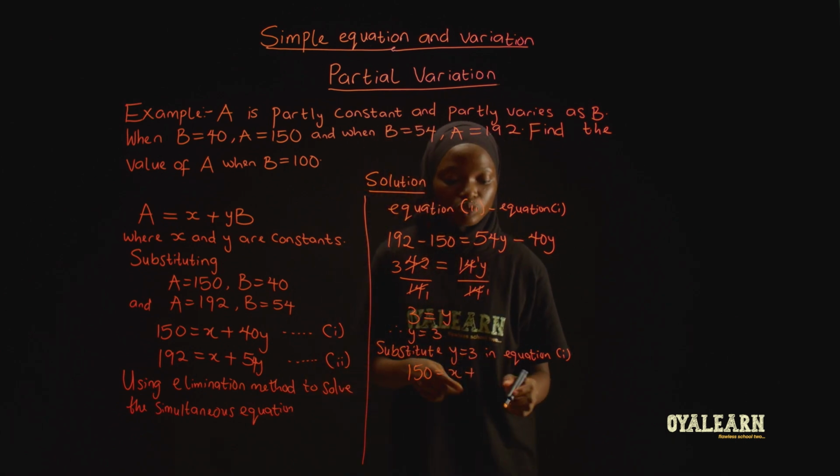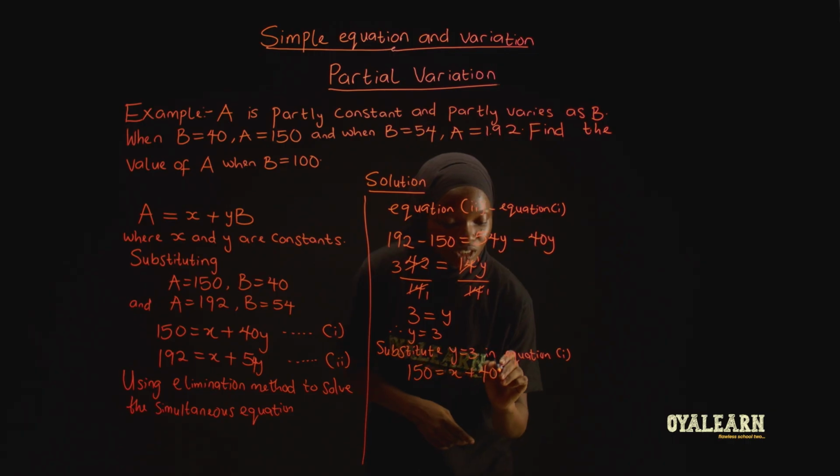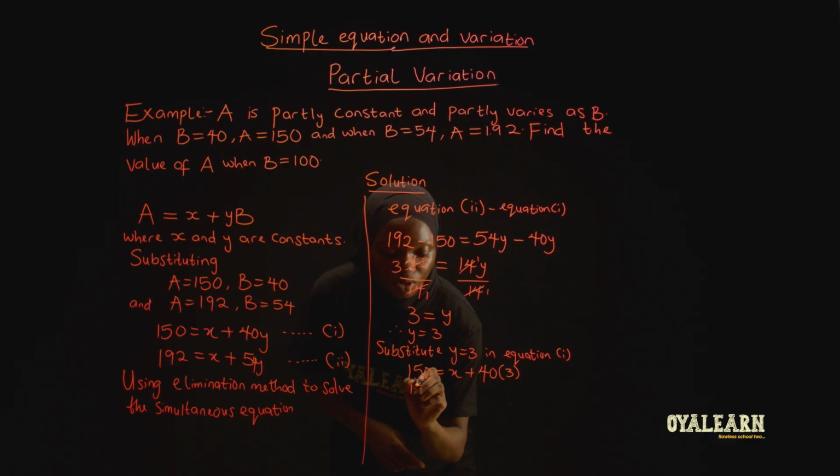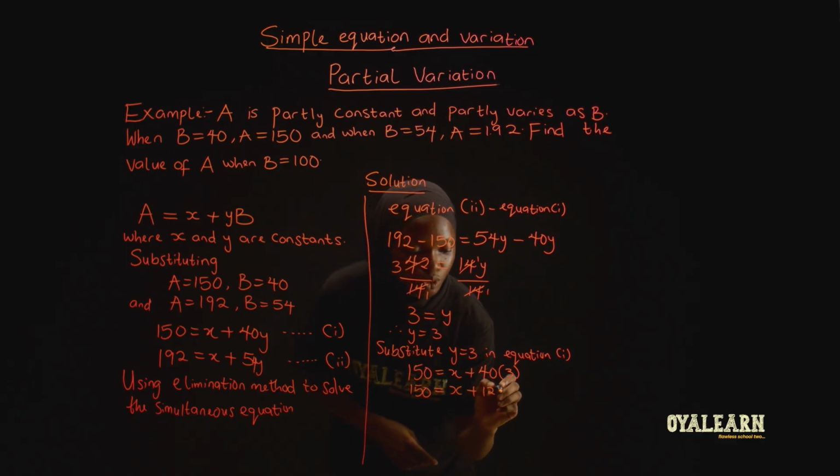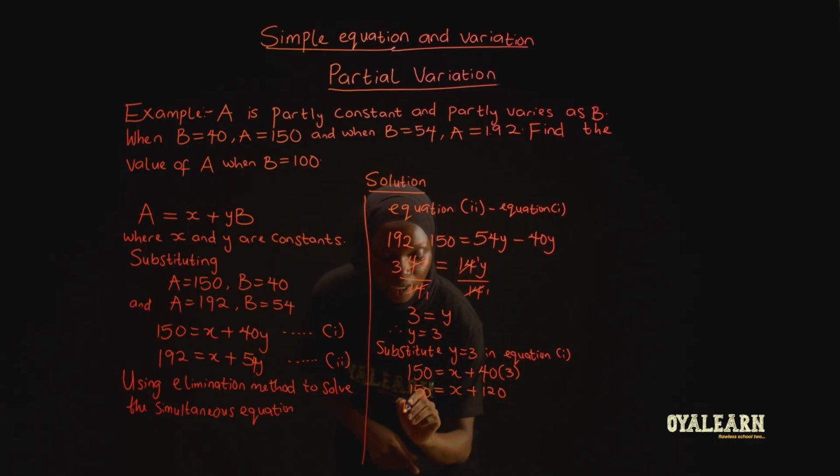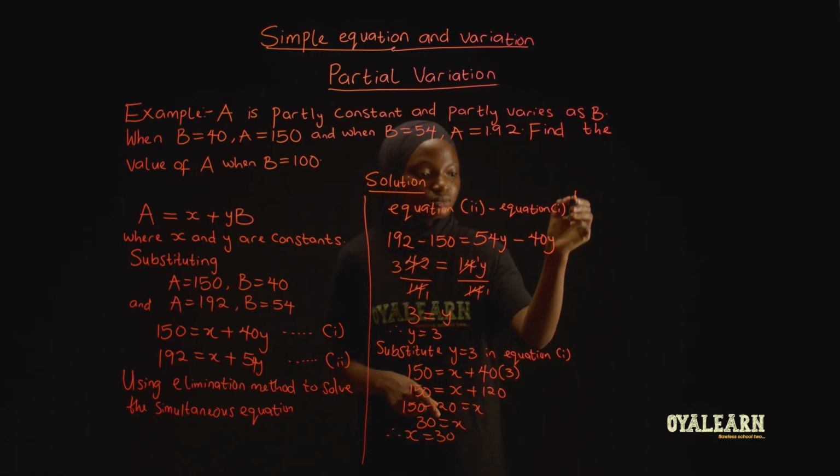And 40Y means 40 times Y. So we have 40 into Y, which is now 3. And here we have 150 equals X plus 40 times 3, 120. And from here we collect like terms. We have 150 minus 120 equals X. 150 minus 120 here we have 30 equals X, which we can write as X equals 30.